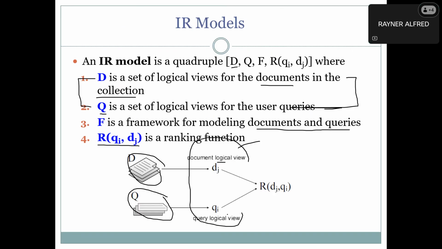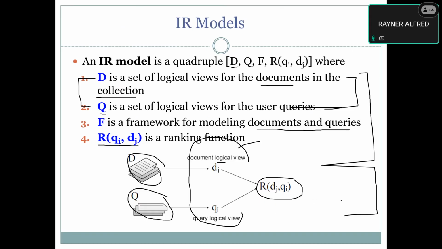Based on this, we can quantify the ranking of the document based on the query. This is the general model that we're going to have. Of course, there are so many ideas on how we represent them, how we perform the ranking, and so on.